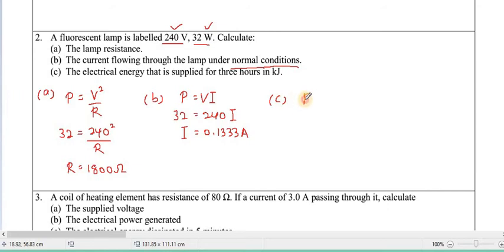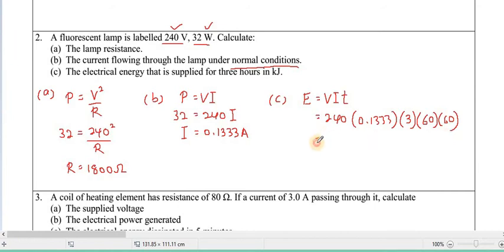Okay, number 2C: the electrical energy that is supplied for 3 hours, in kilojoule. So E equals VIT. The voltage is 240, the current is 0.1333, and the time is 3 hours, so that means 3 times 60 minutes times 60 seconds.